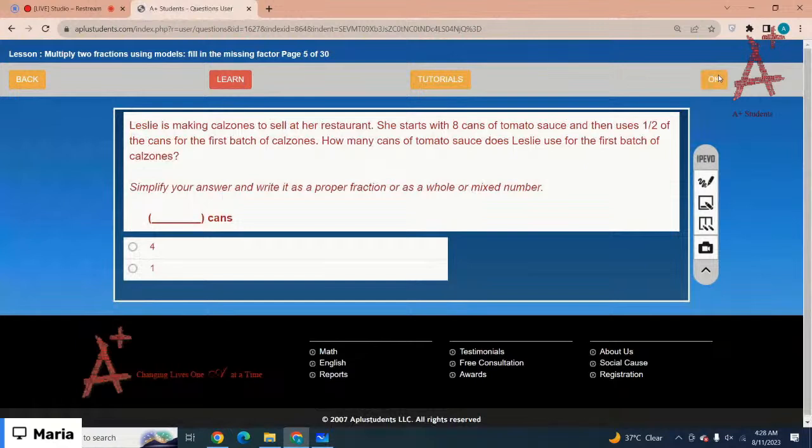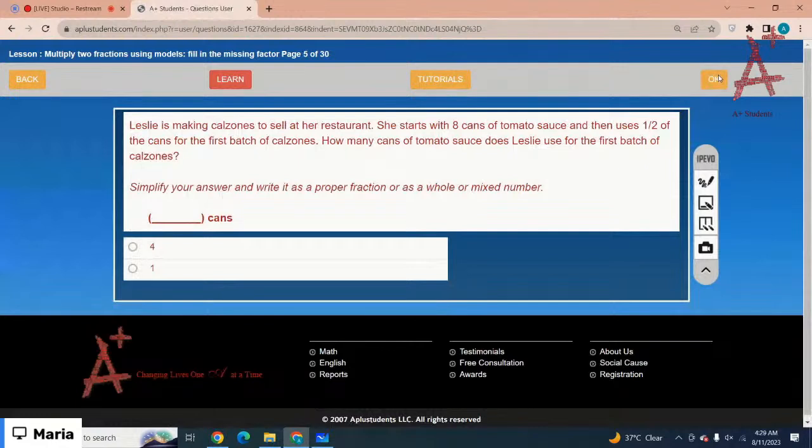So you have to do half of 8, right? So half of 8 is 4.